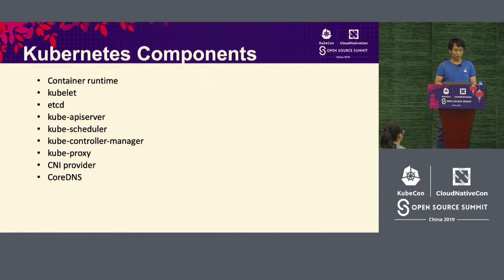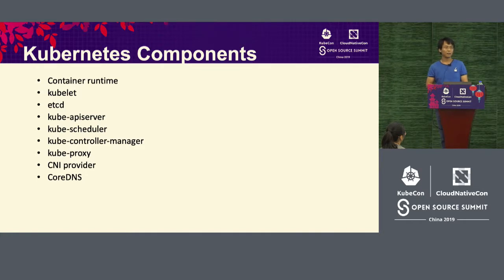Here are the major components of Kubernetes that we have. Container runtime, which is mainly focused on Docker. Kubelet is the component that manages the pods. etcd is the database, and all the objects are stored in etcd. The API server is the interface for the objects. The Kubernetes scheduler is the tool to schedule workloads to appropriate nodes.